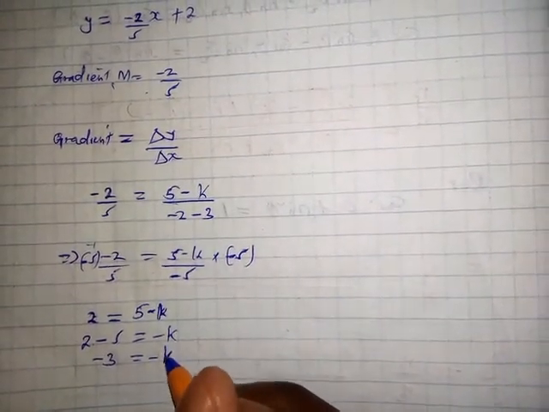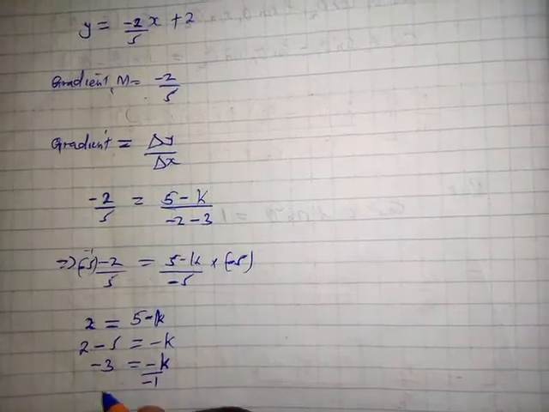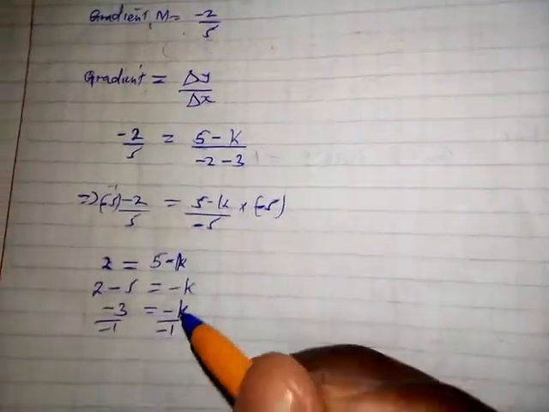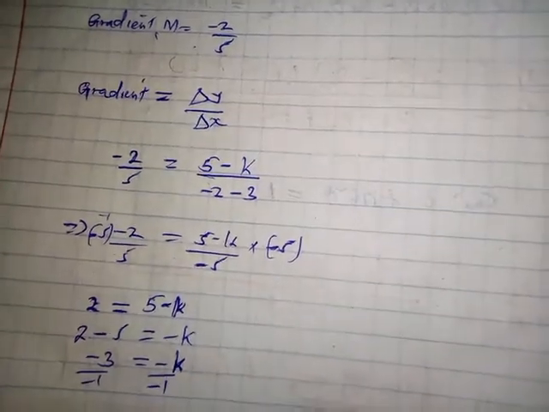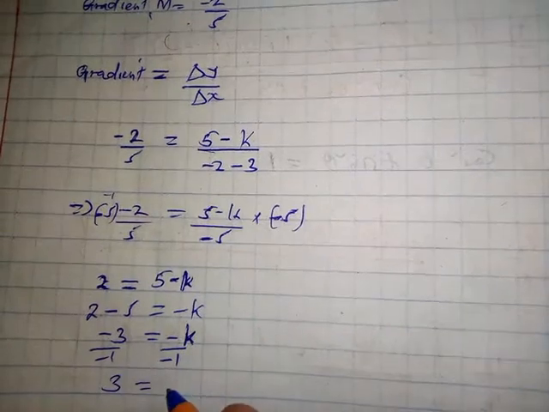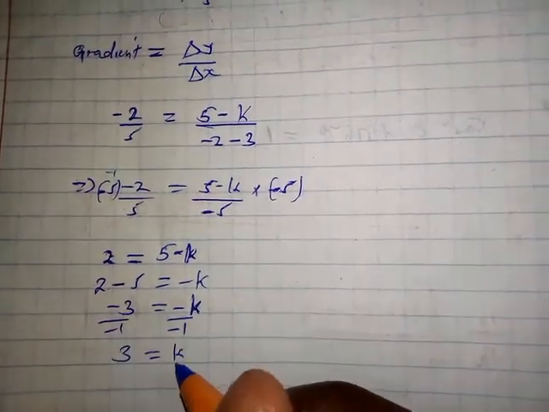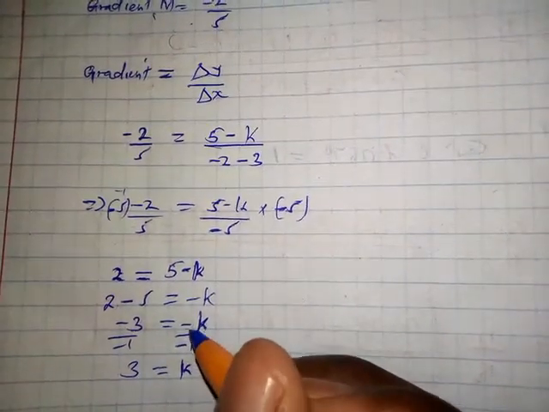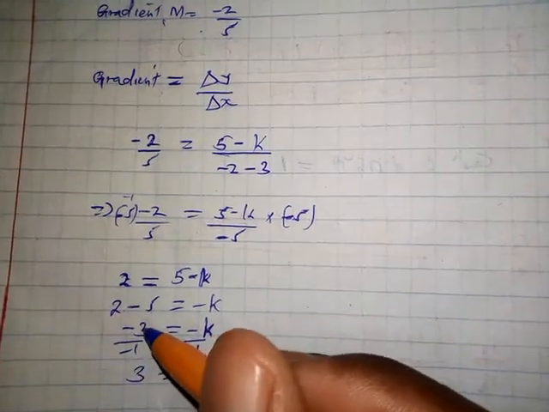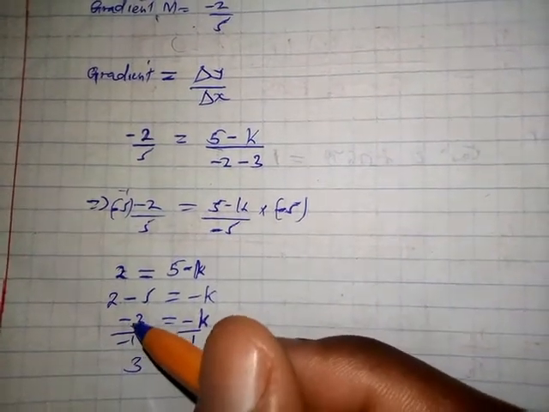To get the value of k, we divide both sides by negative 1 to get rid of this negative. So that we have 3 is equals to k. Remember, negative divided by negative, we get a positive. So negative 3 divided by negative 1 is positive 3.